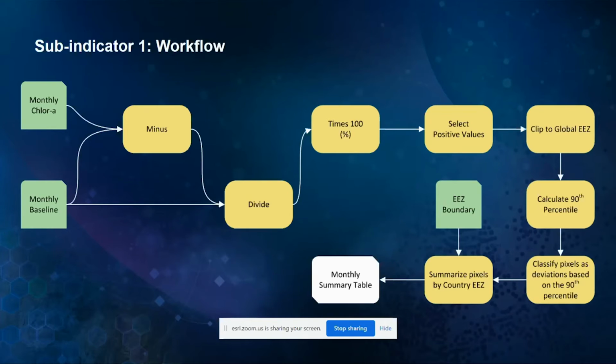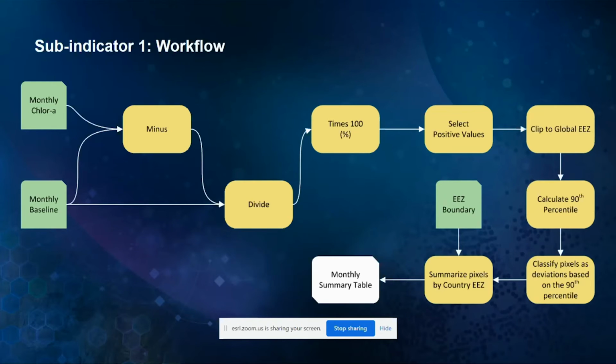Then we divided over the monthly baseline, multiplied by 100 in order to calculate the percentage change or percentage impact or deviation. Then we selected the positive values, and then we clipped the global EEZ in order to calculate the 90th percentile and classify the pixels as deviations based on the 90th percentile.